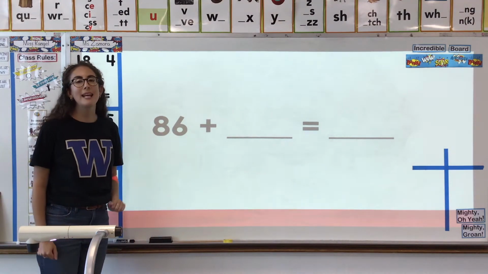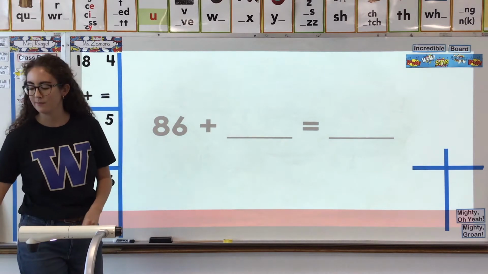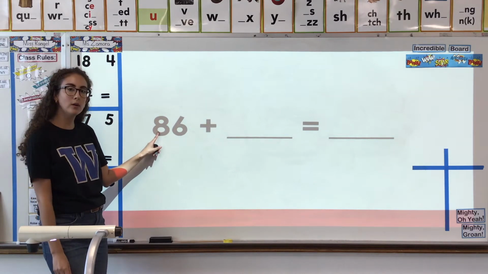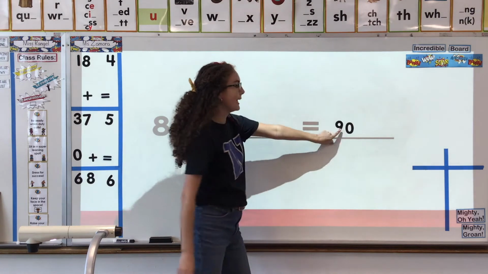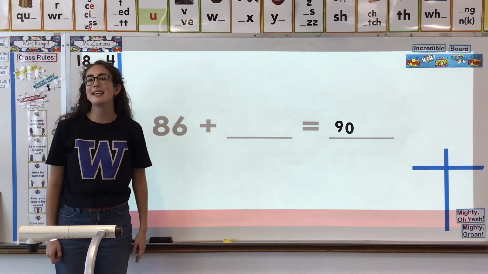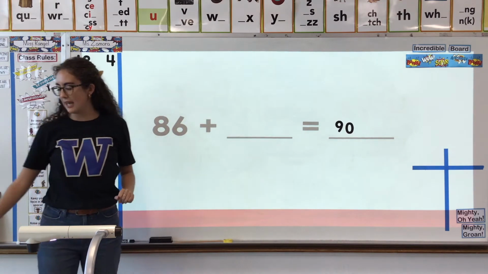86. What is 86's next 10? There's 8 tens now. 90, 9 tens. 86's next 10 is 90. And what do we need to get there?